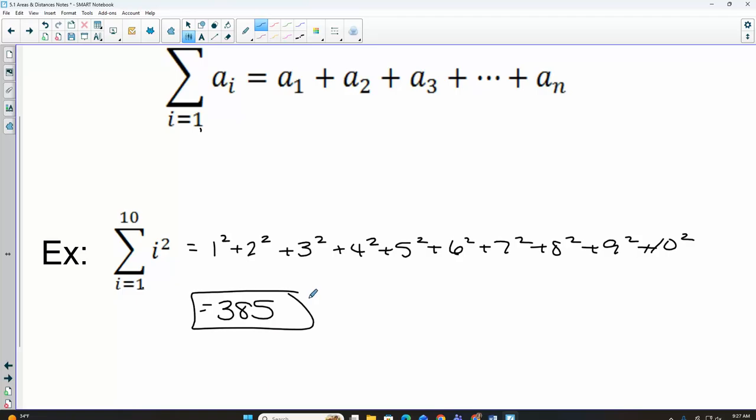So what we're going to practice now is taking a summation notation and writing the expanded notation, which is what I did here. Expand it out. What is this telling me?